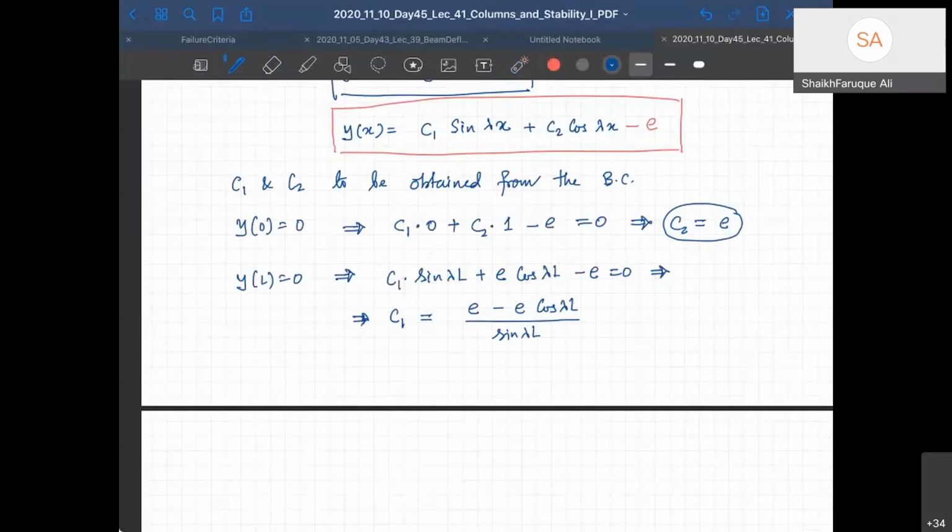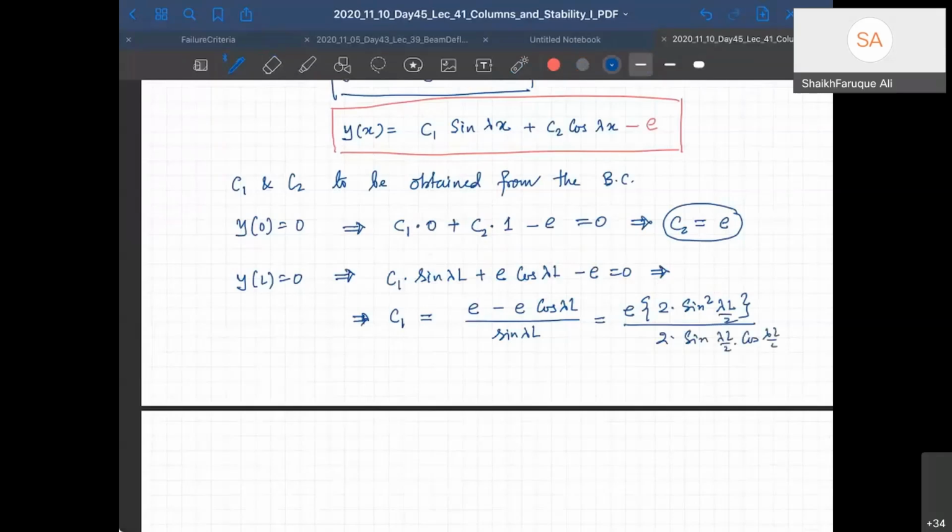Okay, and that I can write as E outside, 1 minus cos lambda L can be written in terms of sine, right? So that becomes 2 into sine square lambda L by 2, divided by sine lambda L, which can also be written as 2 sine lambda L by 2 into cos lambda L by 2.